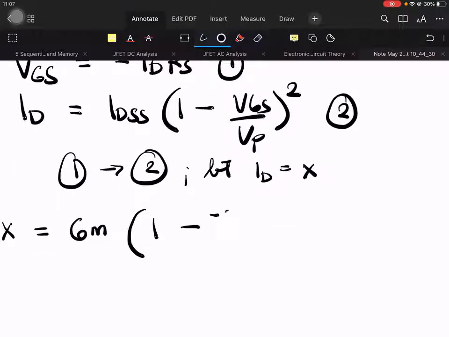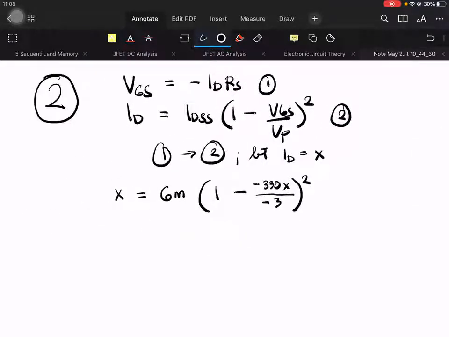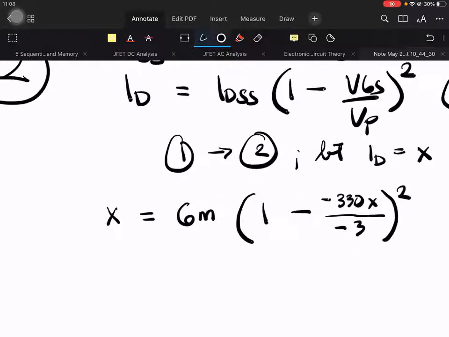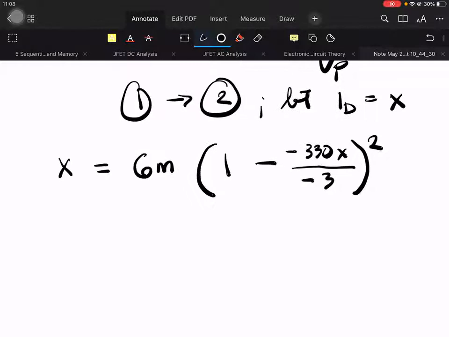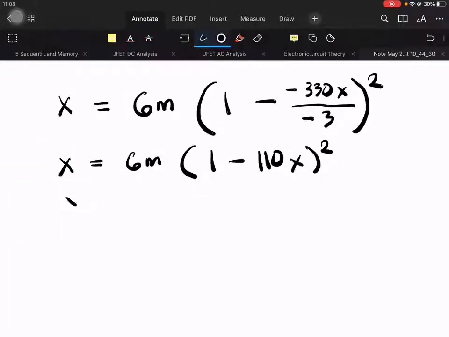So negative 330 X, over VP of negative 3 squared. Expand.